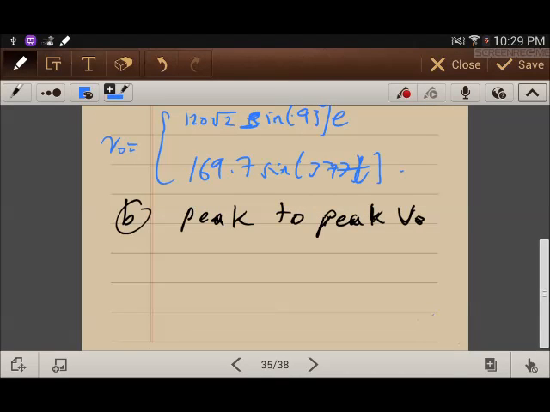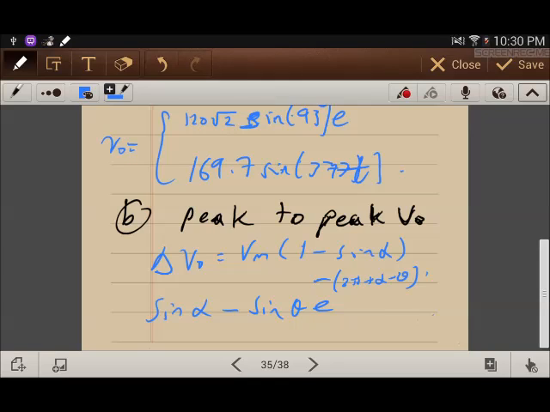Now to find the peak-to-peak voltage, delta V out, we said it's equal to V maximum times (1 minus sine alpha). So first we have to find alpha, and alpha can be found by this equation: sine alpha minus sine theta e to the power of minus (2 pi plus alpha minus theta) over omega RC, and we make it equal to 0.